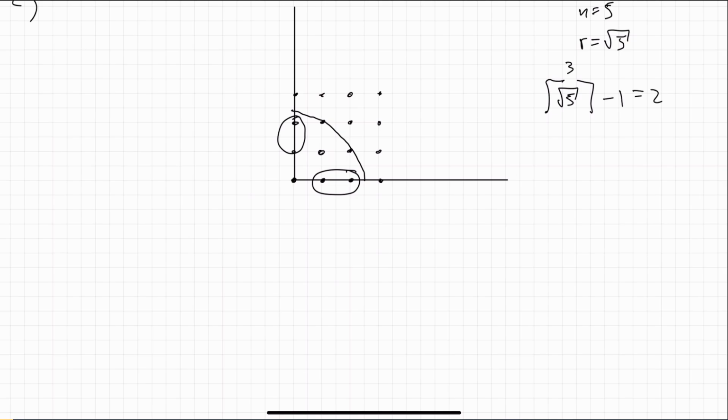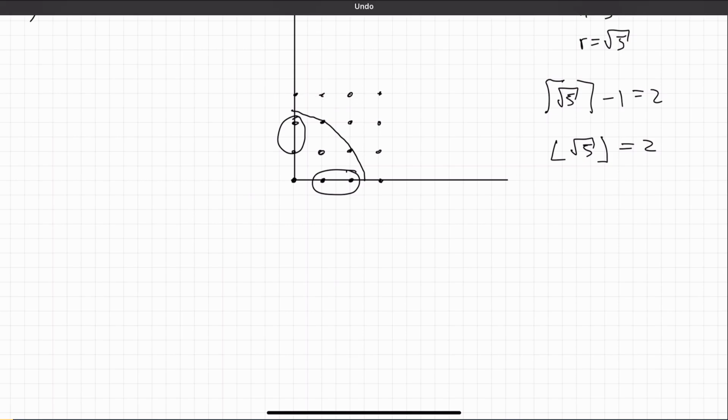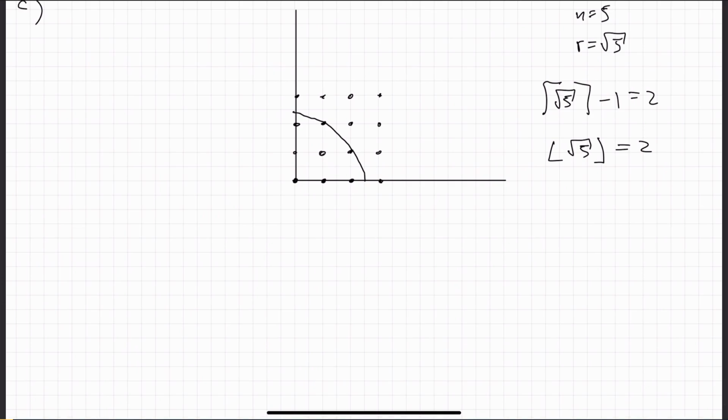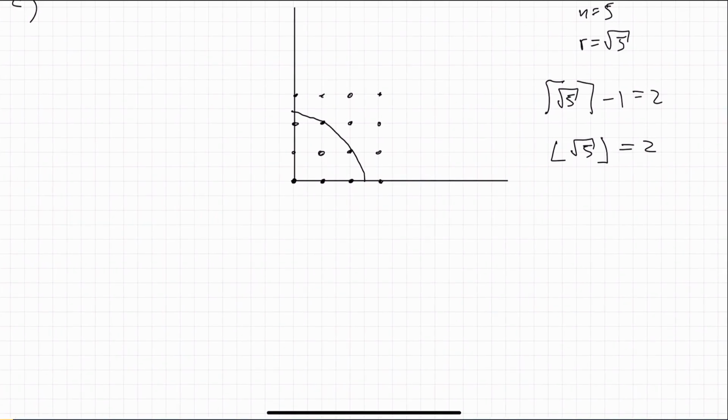And the reason that we're doing this, instead of, for example, taking the floor, is that we also could take the floor of root 5, and this would also be equal to 2. But the issue is that this wouldn't work for integer radiuses. Actually I'll do it for n equal to 4, so radius is equal to 2, because it's a bit easier to draw. It would look like this.